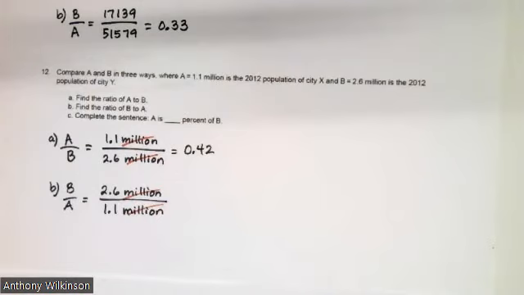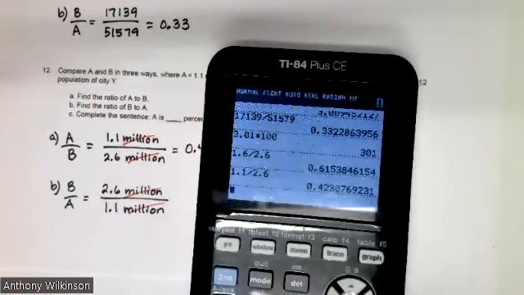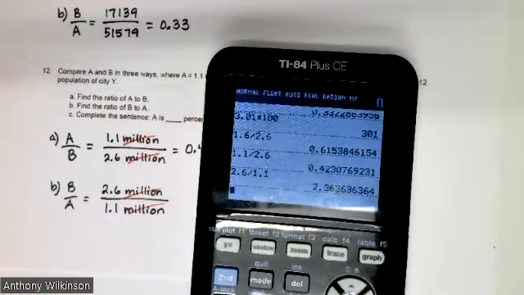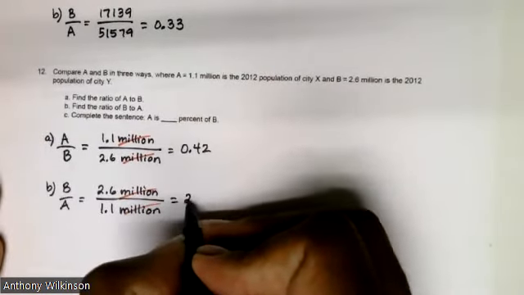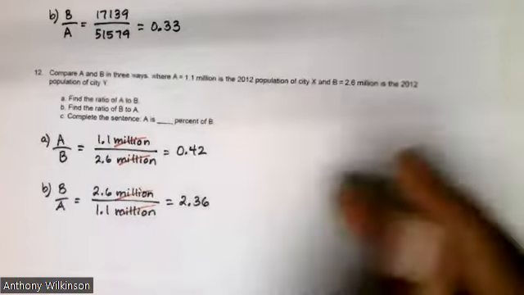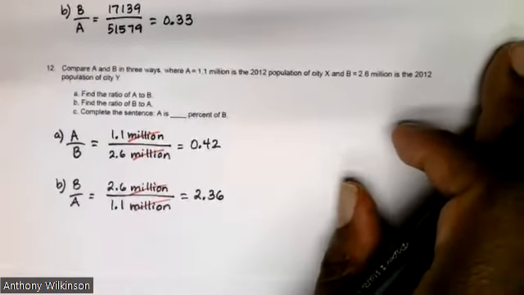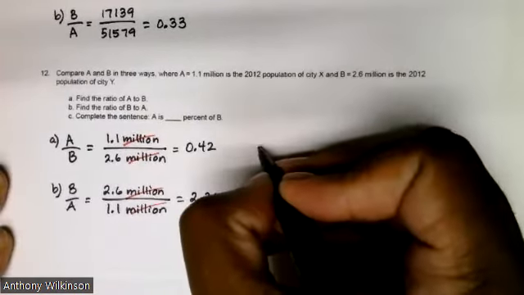So all I need to do is 2.6 divided by 1.1, which is 2.36, rounded to 2 decimal places. That would be the ratio of B to A.